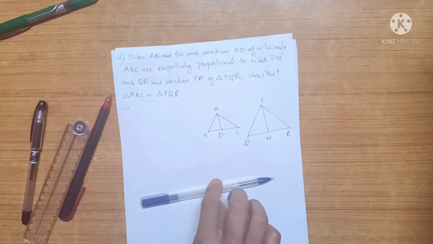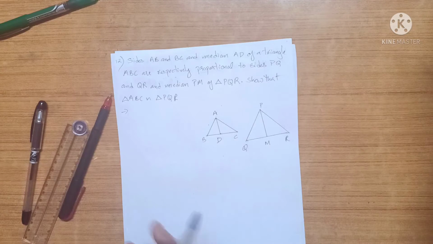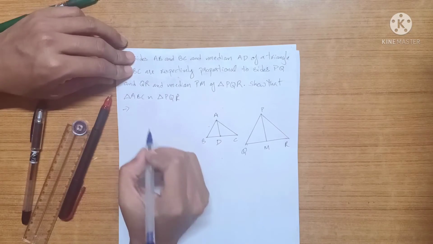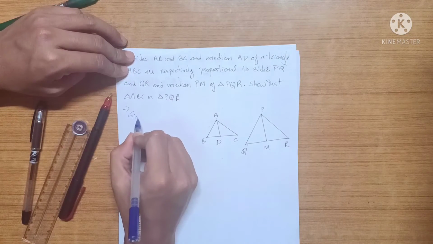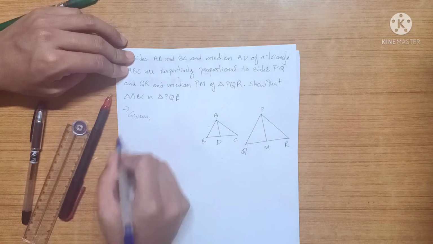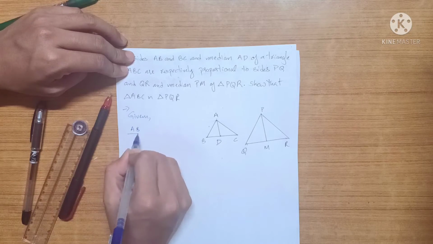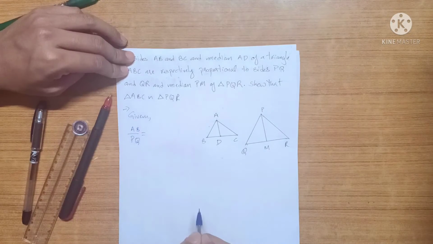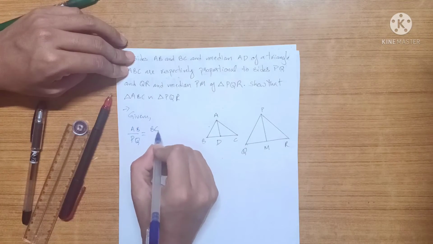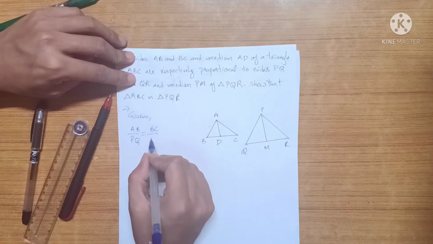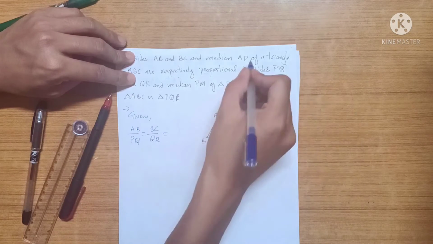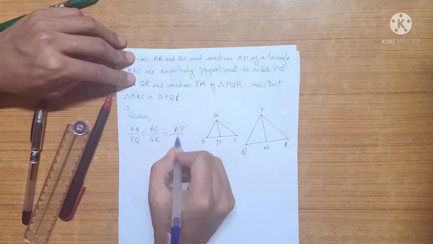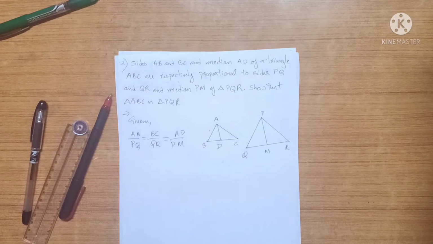Proportional means when they divide, you get the same result, right? So given in the question is what? Given AB by PQ equal to BC by QR equal to AD, which is the median, by PM. It's already given in the question.